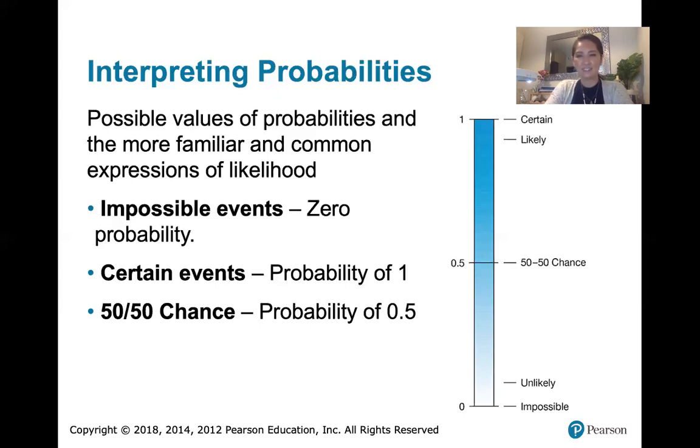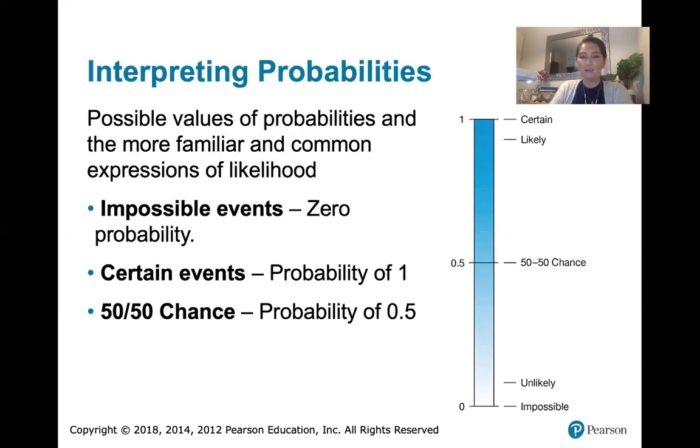It is either certain to happen or not certain to happen. But at any level of certainty, it's between 0 and 1. It's never 110% likely to happen, if that makes sense. And if it's not 110% likely to happen, that means a probability of 1.1 doesn't make any sense.